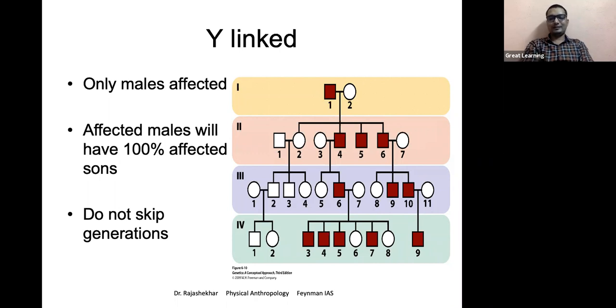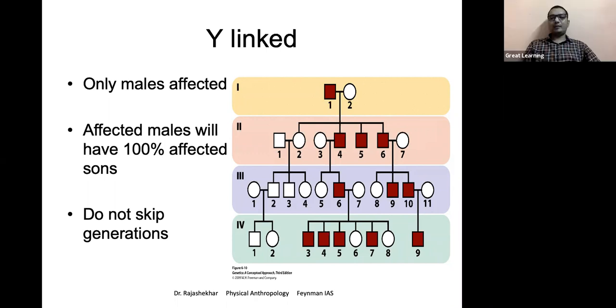Not having children is not qualified to be called skipping generations. There must be a generation to check, right? And for sure, males have to have sons. If no sons, we don't know whether it skips a generation, because females are not affected and males are not there. So we say unknown. And the problem will stop there in that family.